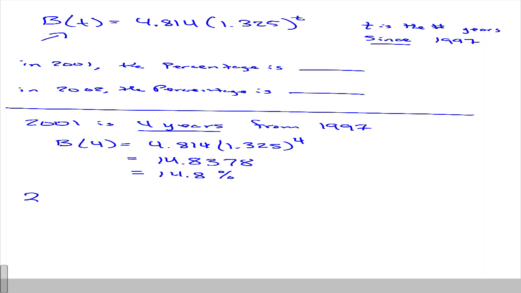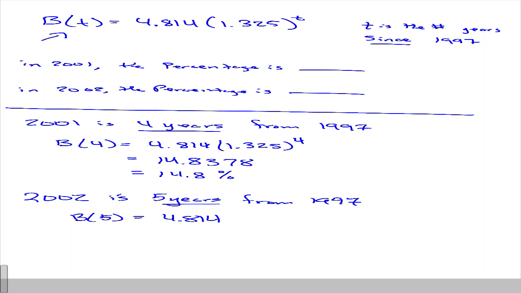For 2002, well, that is 5 years from 1997. So we would repeat the same process, but put in 5 in place of t. Okay? So now we go back to our calculator. And remember your order of operations.